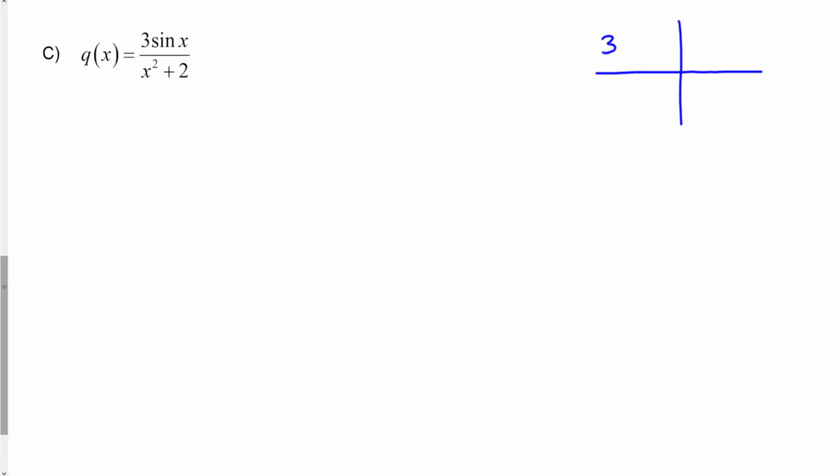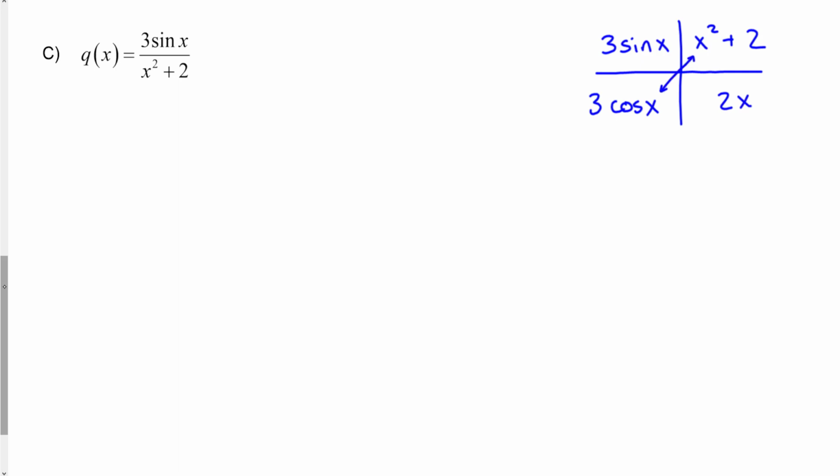Next, we'll do an example that requires the quotient rule. So q of x equals 3 sine x over x squared plus 2. So when I do the quotient rule, I kind of come off to the side, write my numerator and denominator side by side, take the derivative of each. So this would be 3 cosine x, and this would be 2x.